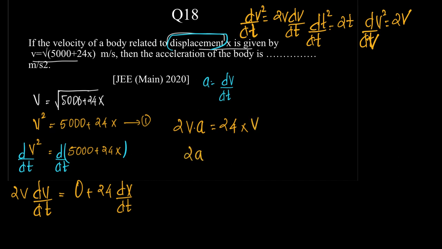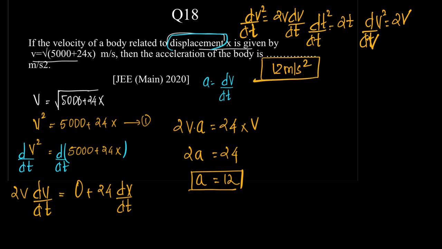So we have 2a is equal to 24, and therefore a is equal to 12. So the acceleration of the body is 12 meter per second square.